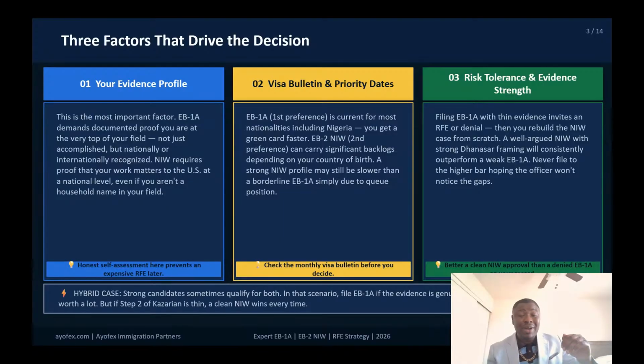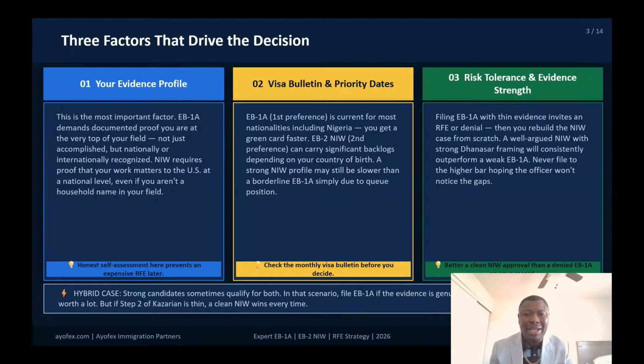EB1 requires that you have risen to the very top of your field, not that you are just an accomplished professional, but that you are among the small percentage of people who have truly risen to the top. However, NIW requires proof that your work matters to the United States at a national level, even if you are not a household name. So the first factor that should determine your decision is the evidence in your profile.